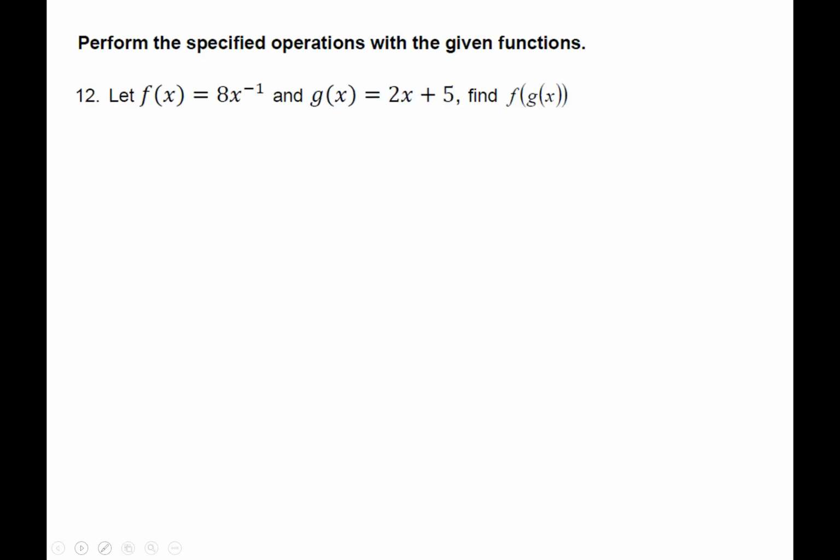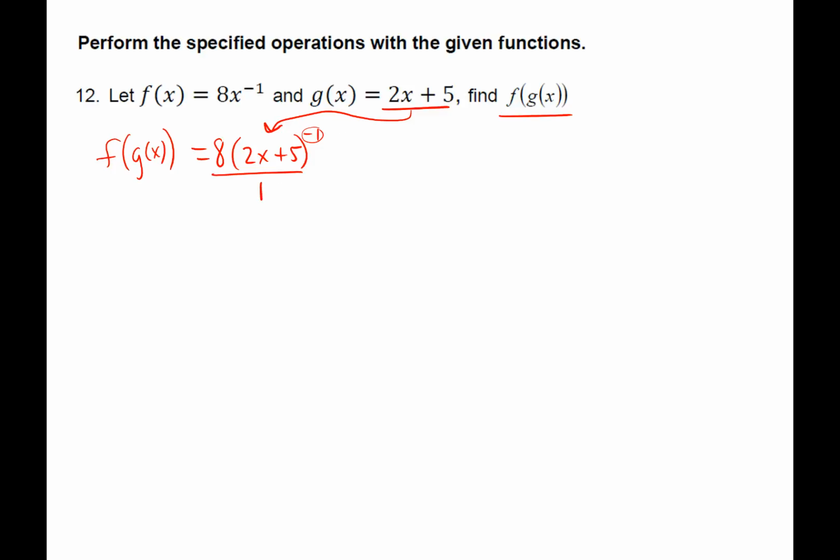On to the last one. This one is basically find f of g of x. So I start with my f of x function. And I'm doing f of g of x. And I'm going to replace the x with parentheses. And that's where I'm plugging in my g of x function right in there. So I have 2x plus 5. Then I need to simplify. I have a negative exponent, which I remember means a fraction.